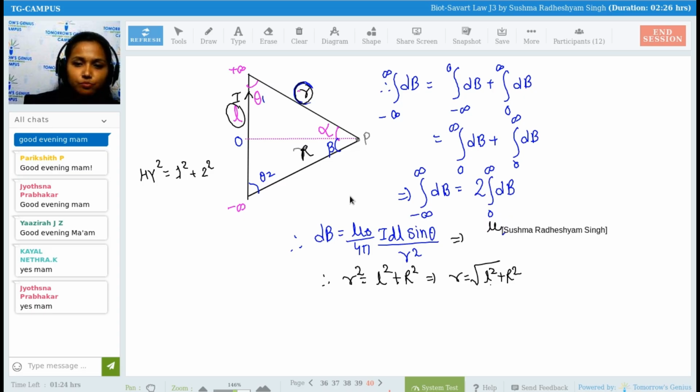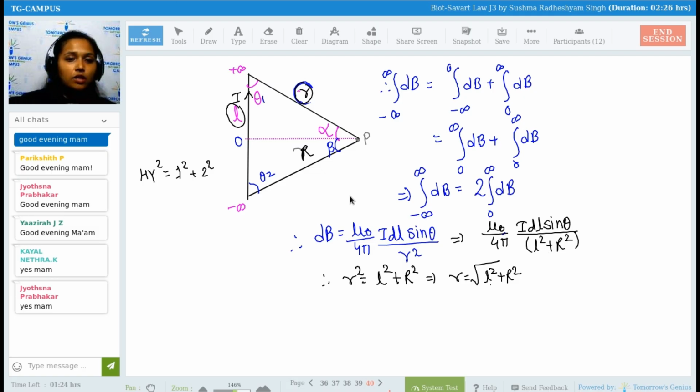So in this formula we get mu naught over 4 pi I dl sine theta upon r square; instead of r square we write L square plus R square. Clear this point first of all. Now can you tell me what is sine theta? What is the angle theta here?